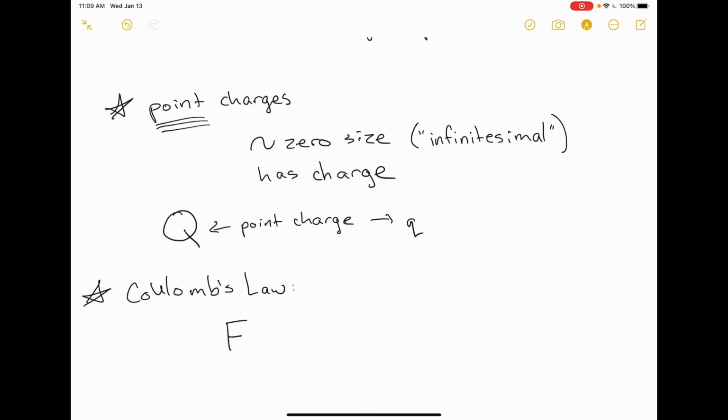Coulomb's law tells you that if you have two charges, let's say one of them is called Q1 and one of them is called Q2, and these are both point charges, the force on Q2 due to charge 1, which we write as F21, is going to be equal to Q1 times Q2, those are the amounts of charge, divided by 4 pi epsilon naught, which I'll tell you about in a second, r squared times a unit vector, a hat r12.